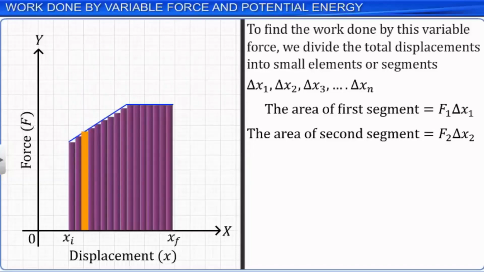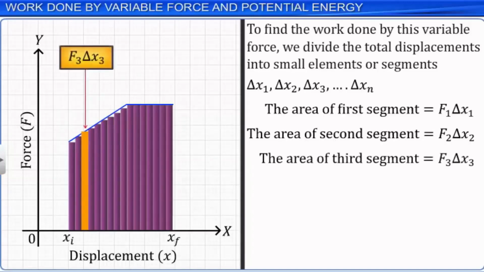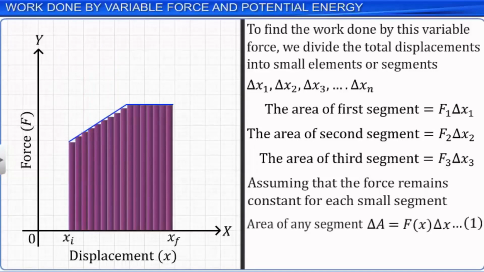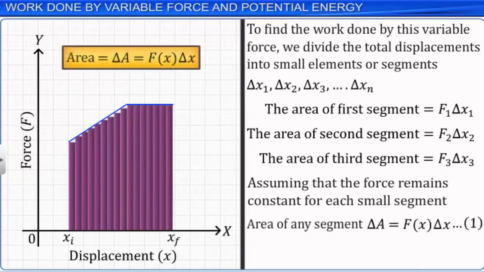For the third segment, delta x3, work done is the area of the third segment, that is, F3 into delta x3, and so on. Here, we assume that the force remains constant for each small segment. Thus, the area of any segment will be denoted by the expression delta A equals Fx delta x. Let this be equation 1.